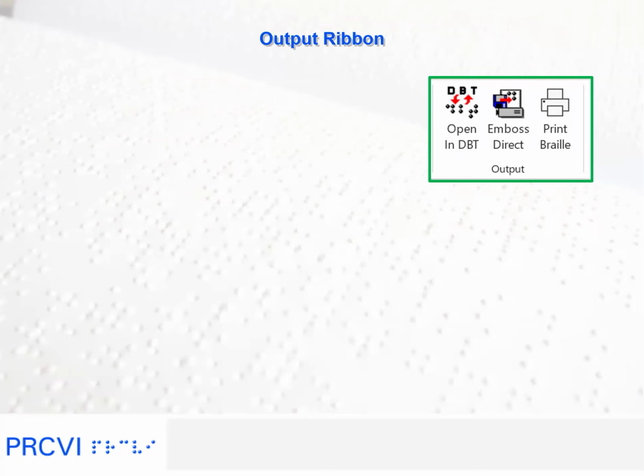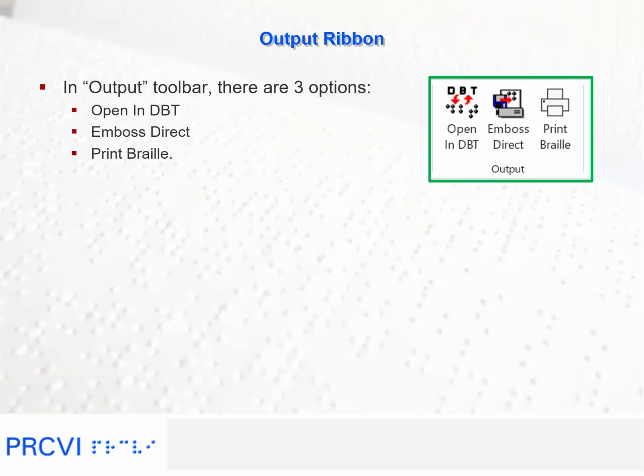Open in DBT opens the Word file directly as a DXP file, that is, a Word file in print view. Translate this file in Duxbury and then emboss. Emboss Direct sends the file directly to the embosser via Duxbury. Print Braille will send a Braille version of your Word document to your ink printer.